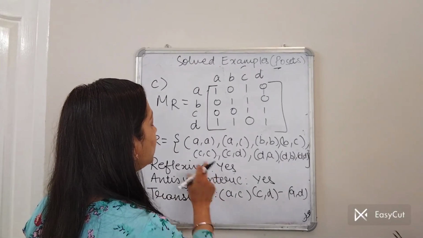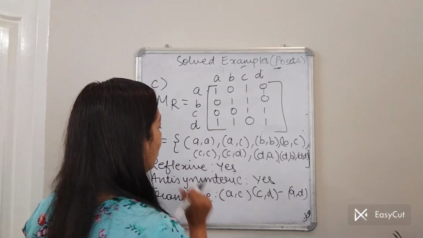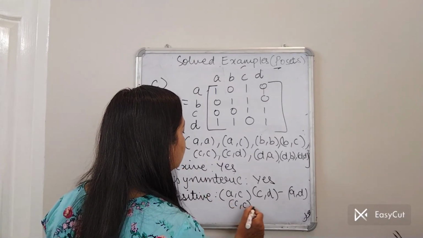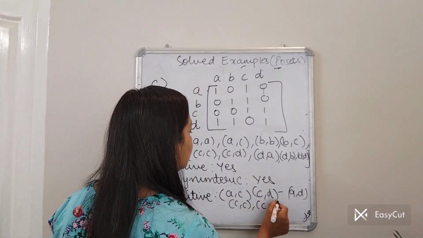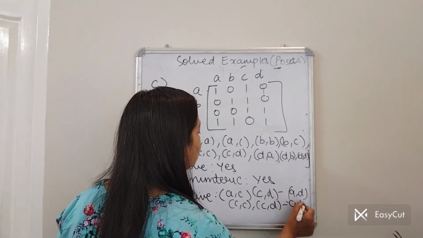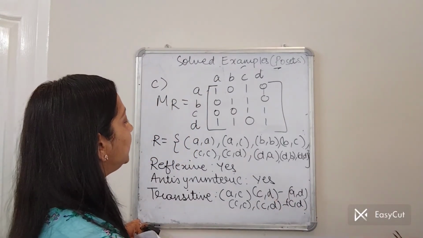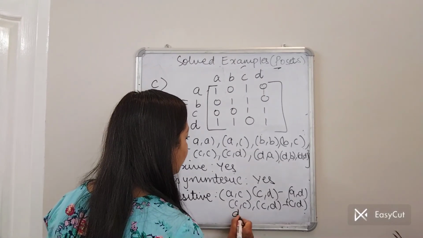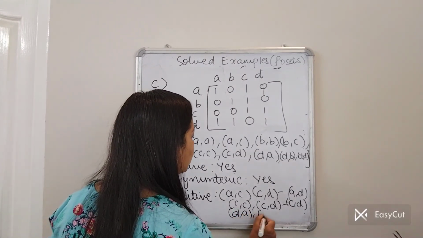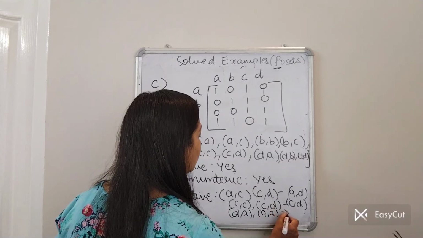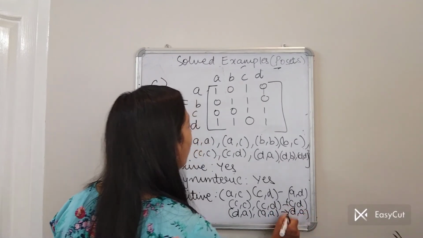Okay, let's see if there is any other common pairing. If CC and CD are here, then CD must exist, which is existing by default. Then let's see DA and AA. If DA and AA exist, then DA must also exist, which is existing by default.